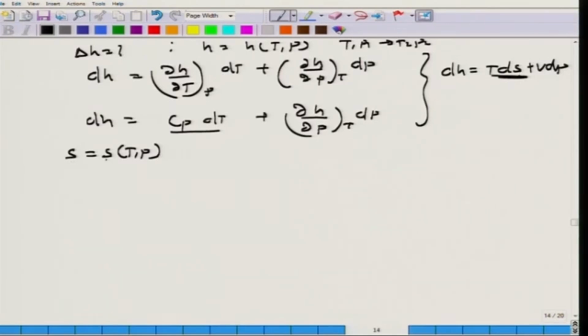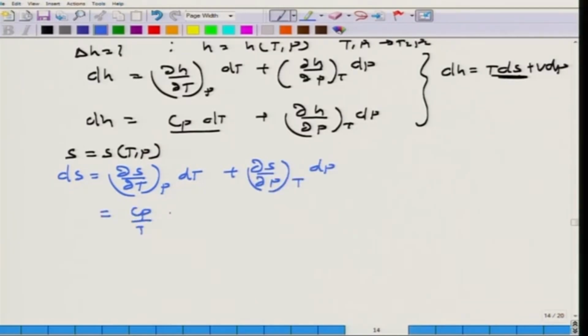So S is a function of T, P, and we get dS as del S by del T at constant P dT plus del S by del P at constant T dP. This is nothing but Cp by T, and for this we are going to make use of the Maxwell relation. This becomes minus del V by del T at constant P dP. So you can use dS directly in this expression.